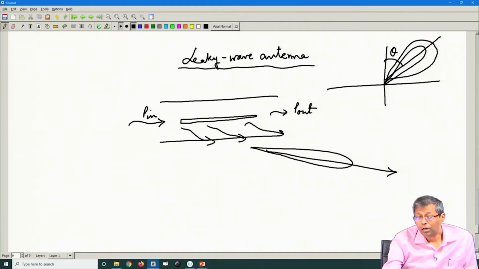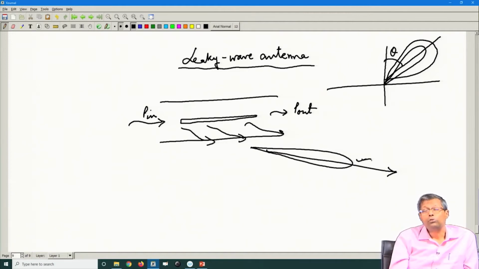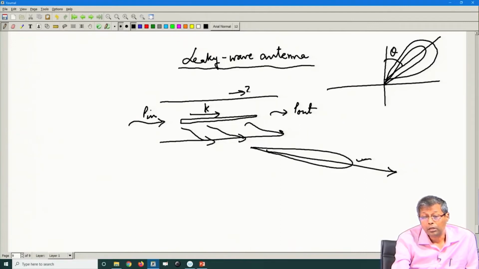The direction of the beam is controlled by the phase constant. If this is the z direction and kz is the complex propagation constant, that is given by beta minus j alpha.